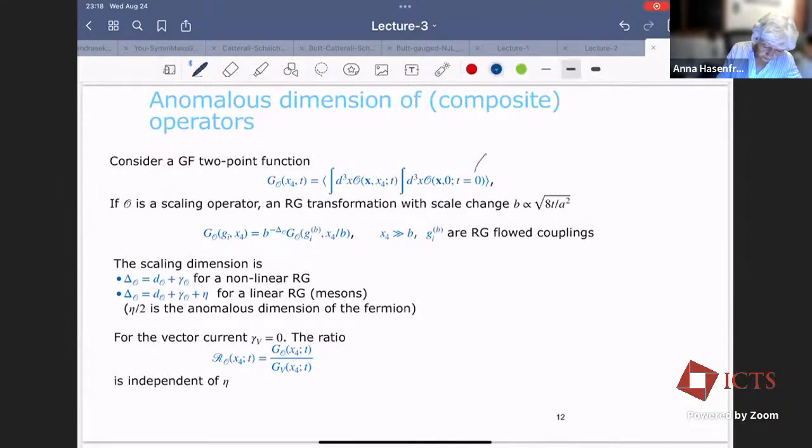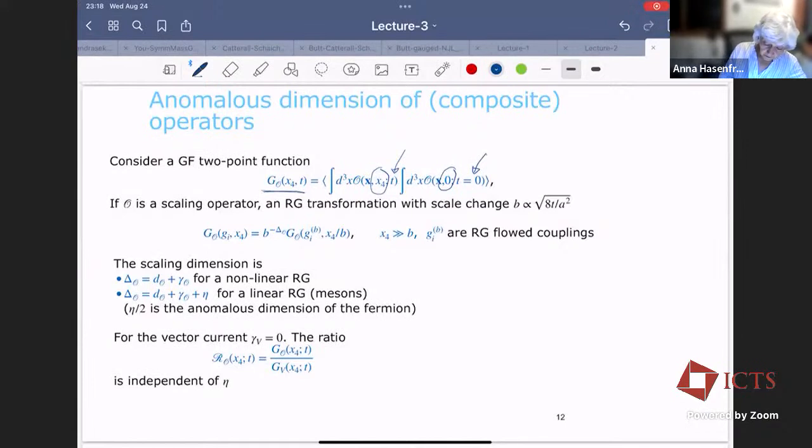One of them is not flowed, that is t is 0. The other operator is flowed, at t equals t. One operator is sitting at fourth dimension 0, the other at fourth dimension x4. That's how I measure the correlator, my G of x4 and t.